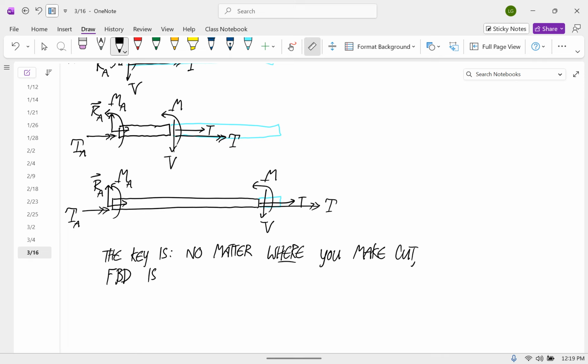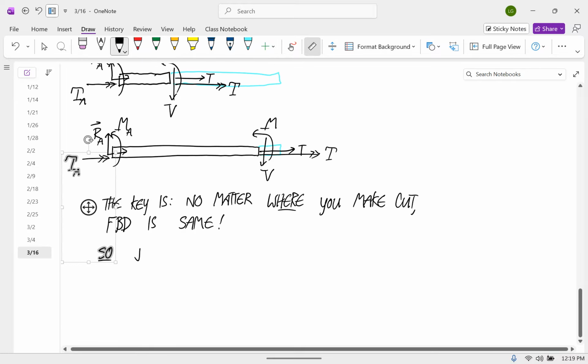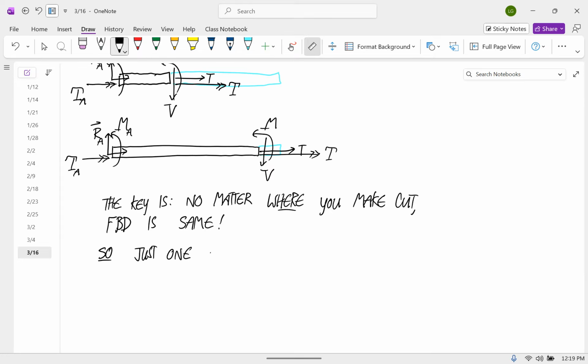You know, it is the same. So what we do is just do one cut with the length represented by the variable x.